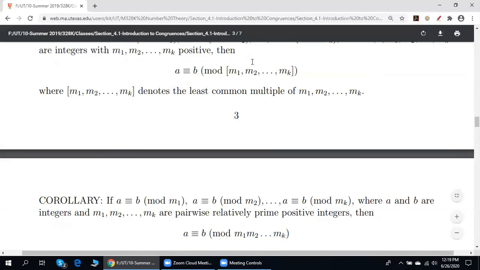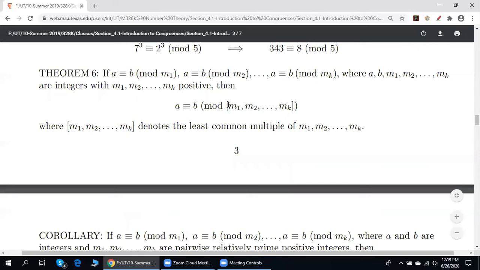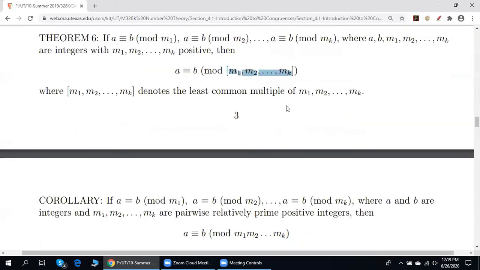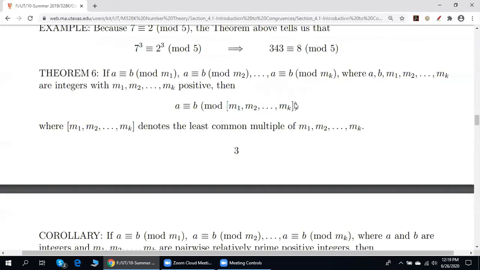So, in other words, there are cases when we cannot put here the product of M1, M2, and so on Mk. We can replace this by their product only if these numbers are pairwise relatively prime. Here's a very simple example.